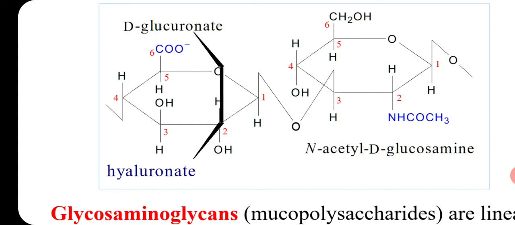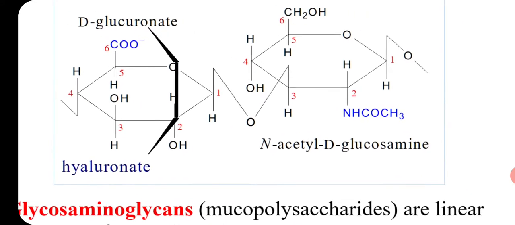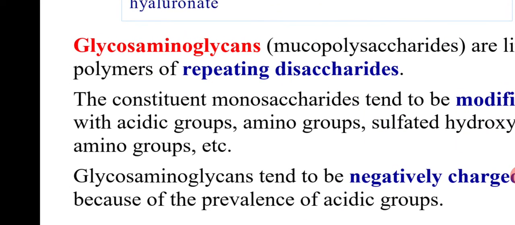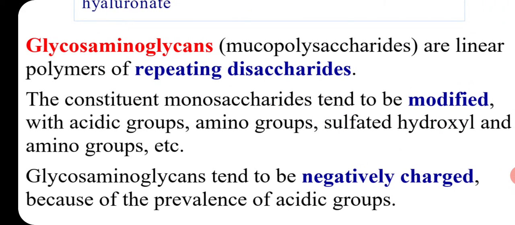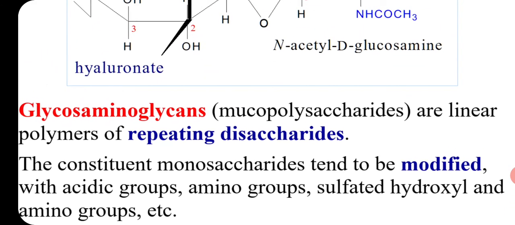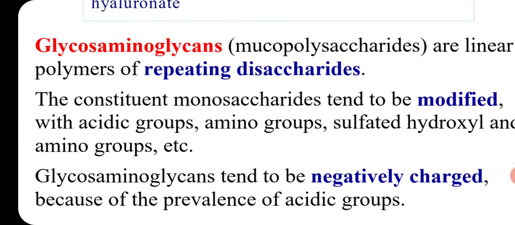It is an association of this in hyaluronate, and then it is associating with N-acetyl glucosamine. I have discussed N-acetyl glucosamine also. So glycosaminoglycans are the polymers of these repeating disaccharides which I have shown here of hyaluronate and N-acetyl glucosamine.